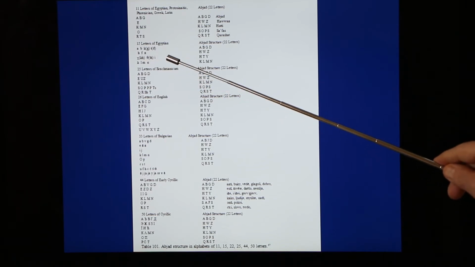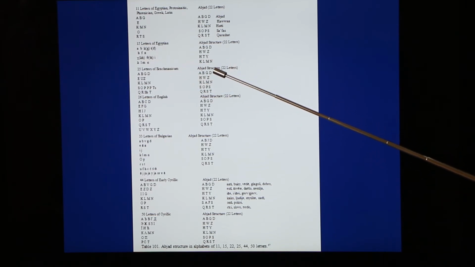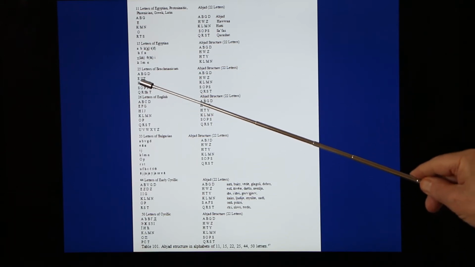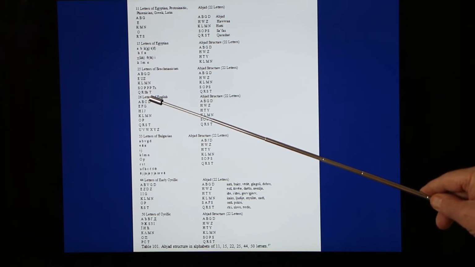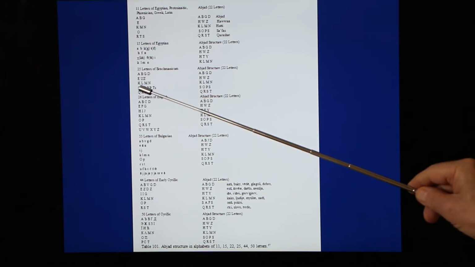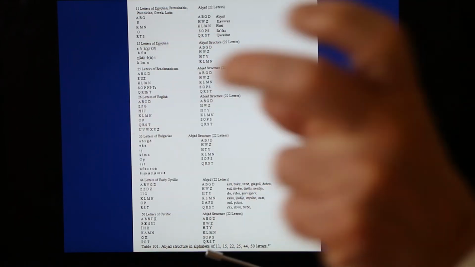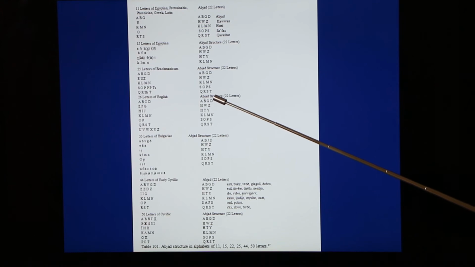If I have 15 letters of Egyptian, I have this, and that gives me basically the same as the Abjad structure. 25 letters of Brahmanicum, A, B, G, D, K, L, M, N. Already here, we have some of those building blocks that we have in the Abjad.